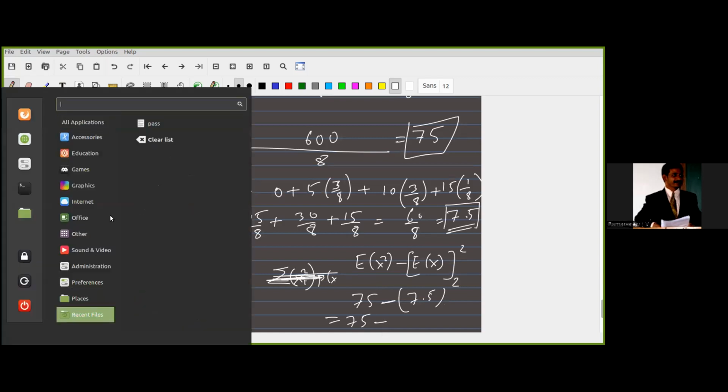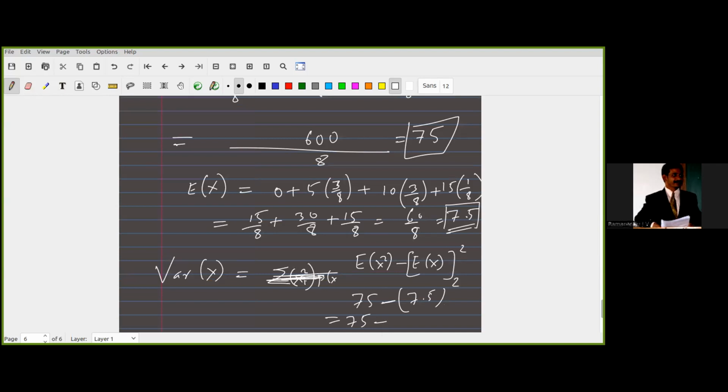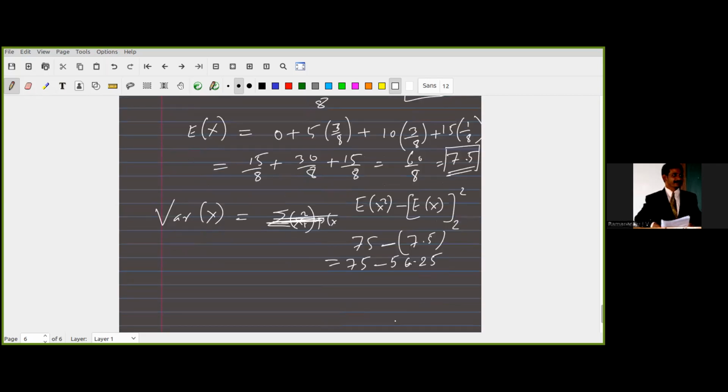Let me see what is 7.5 square. 56.25. So the variance we found out is 75 minus 56.25, which is 18.75. This is your variance. So this is how you find out variance.